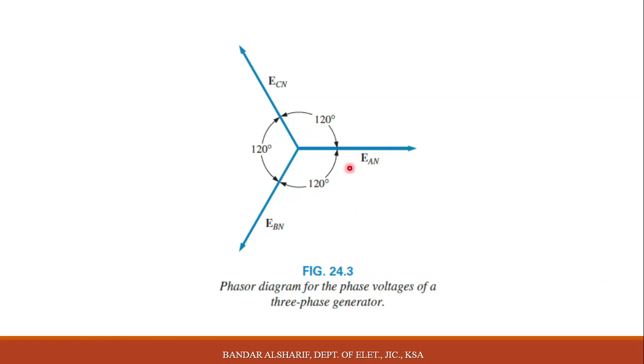We will see different sequences later. This is called the positive sequence: EAN here, EBN here and ECN here. We will see the negative sequence if it is EAN here, ECN here and EBN here. Later we'll discuss this.